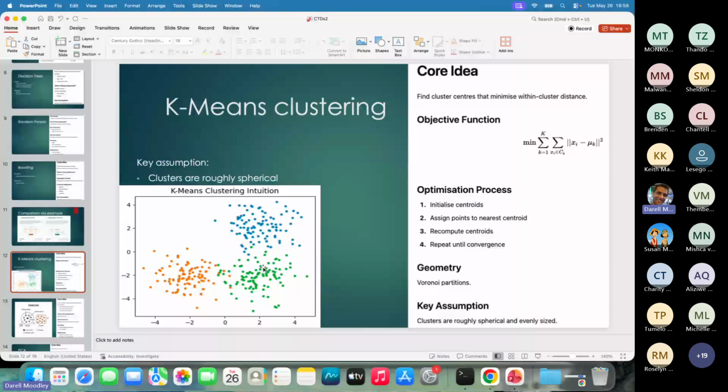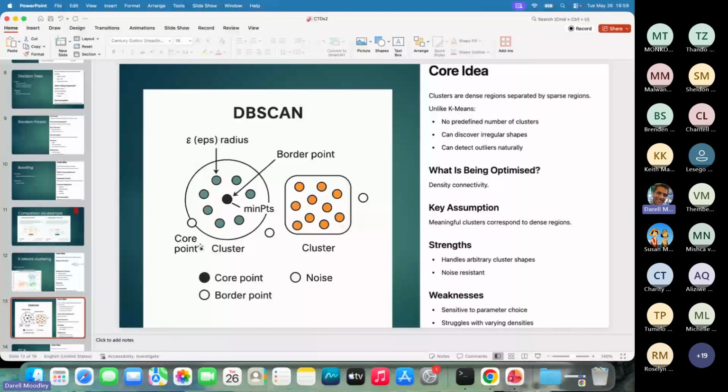Hypothetically. When you have outliers, you don't necessarily want to force them into a cluster. But with K-means, you end up doing that. With DBSCAN, you don't do that. If a point is an outlier, DBSCAN just isolates it and keeps it in a cluster on its own. So that's one benefit of it.